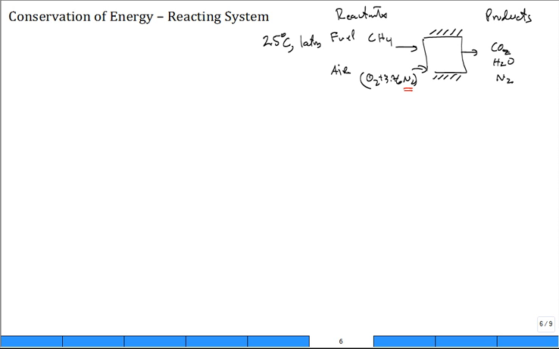Otherwise, there will be some heat transfer between the reactor and the surroundings. The combustor and the surroundings, true? And because we're going to do a control volume right around the reactor, we would designate that this Q, the traditional thermodynamic direction for that heat transfer, is positive in.